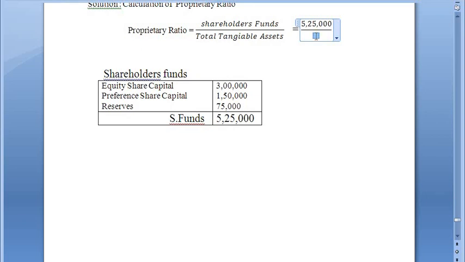In the problem the amount of total asset is given, but nowhere have they mentioned intangible assets. So whatever total assets are there will be considered tangible assets. So 5,25,000 divided by 7,50,000 is equal to 0.74 is to 1.